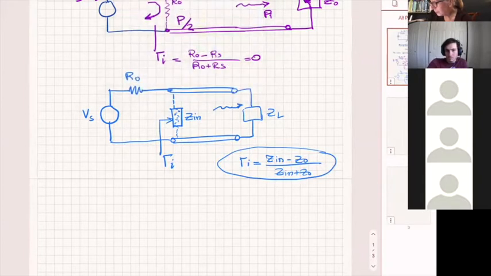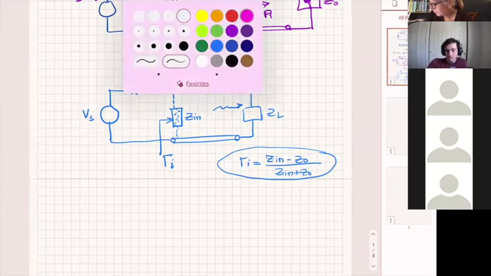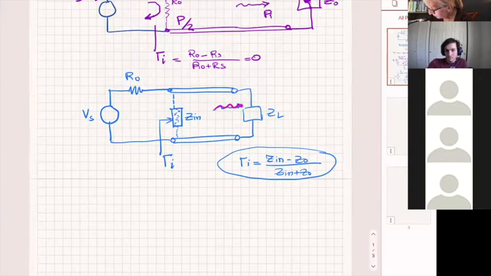How much is that? Can somebody tell me? Is it 1 minus gamma squared?